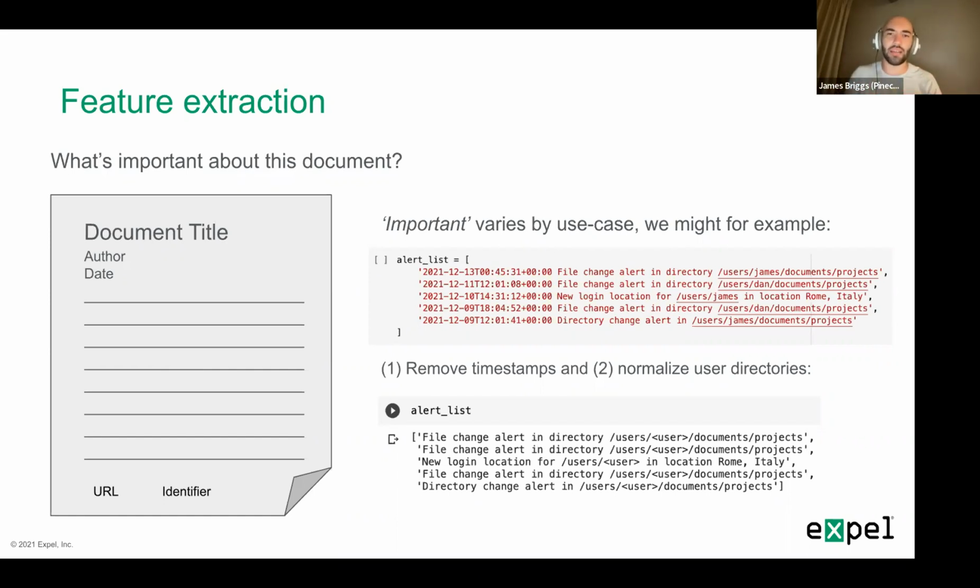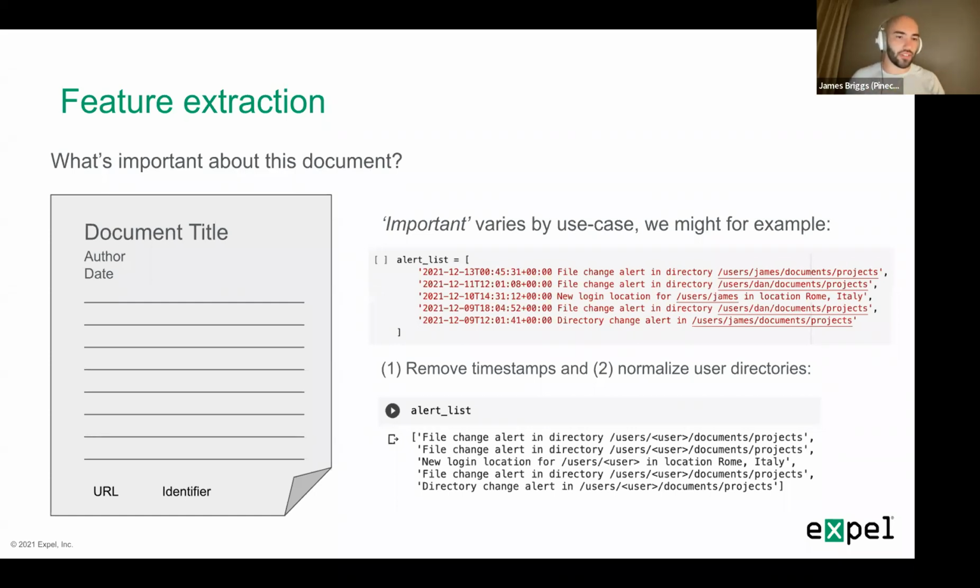We have a timestamp, we have a little bit of text in the middle, and then we also have a directory. And you can see in the second little code box, we've removed those timestamps because we've decided for our use case it's not particularly relevant. And we've also normalized the user directory. So where you could see users/James or Dan before, it's now just user.